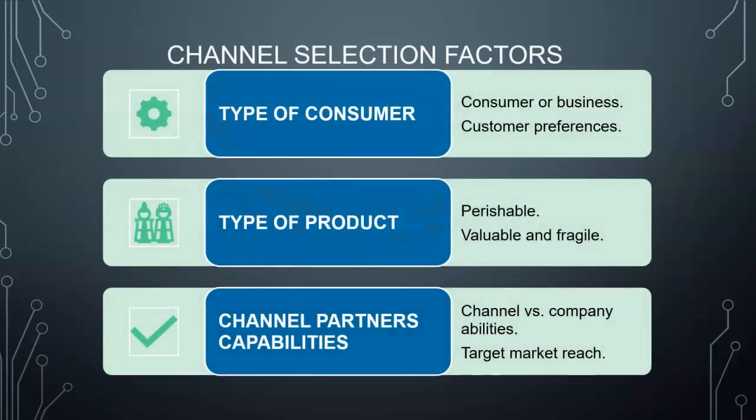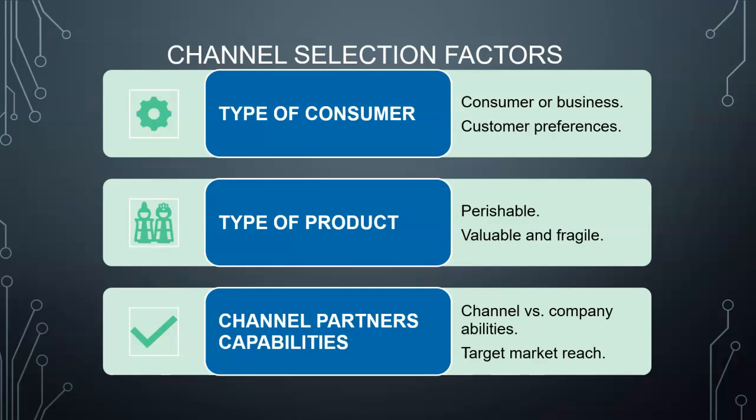Channel selection factors. So the way a business is going to choose how they're going to get their product out to the end user is to figure out the type of consumer they're working with. Is it a consumer or a business? What are the customer preferences? What is the product that we're trying to get to our end user? Is it an electronic product?